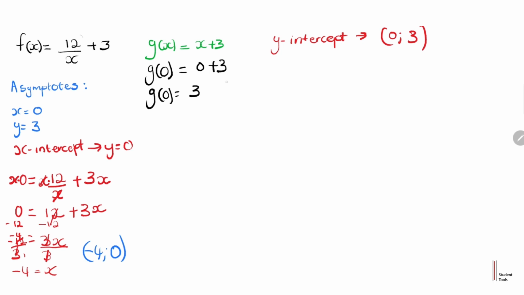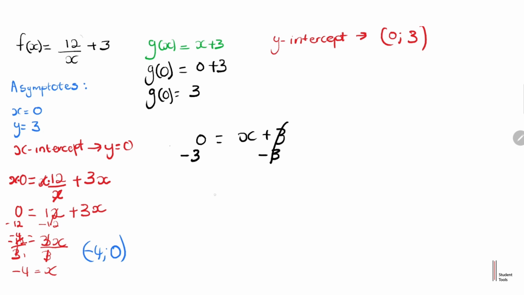And then what about the x-intercept? For the x-intercept, y will be equal to 0. So that means 0 equals x plus 3. To make x the subject, we have to take the positive 3 from the right hand side to the left hand side. So we will subtract 3 and also subtract 3 here.